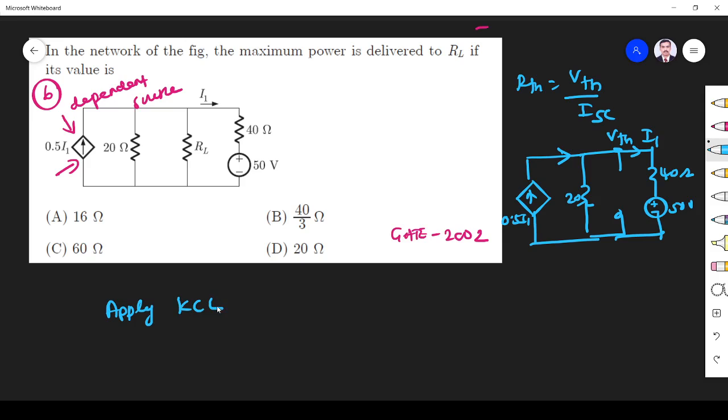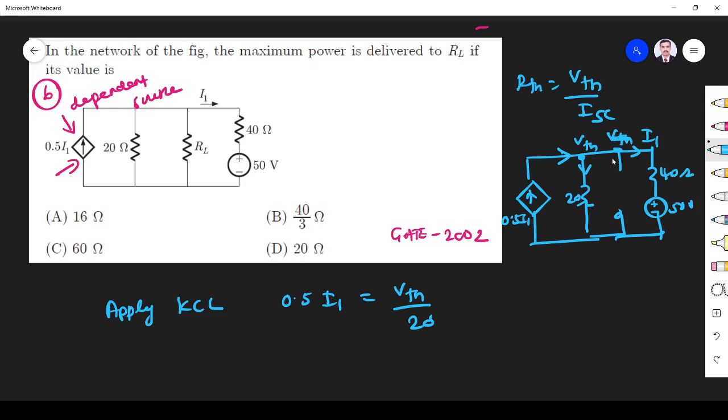Apply KCL. The incoming current is 0.5 I1. The outgoing current: this is the V Thevenin, both are the same V Thevenin. For this branch, the current flowing is V Thevenin by 20.